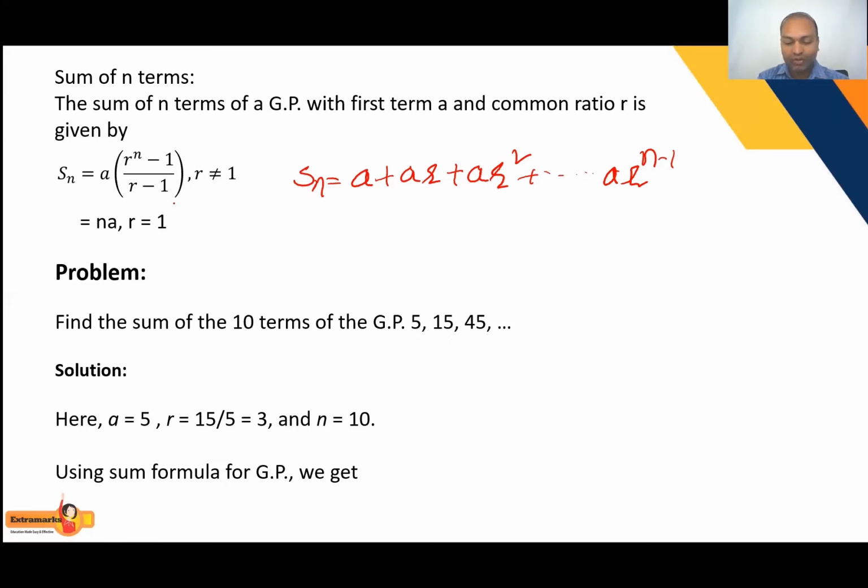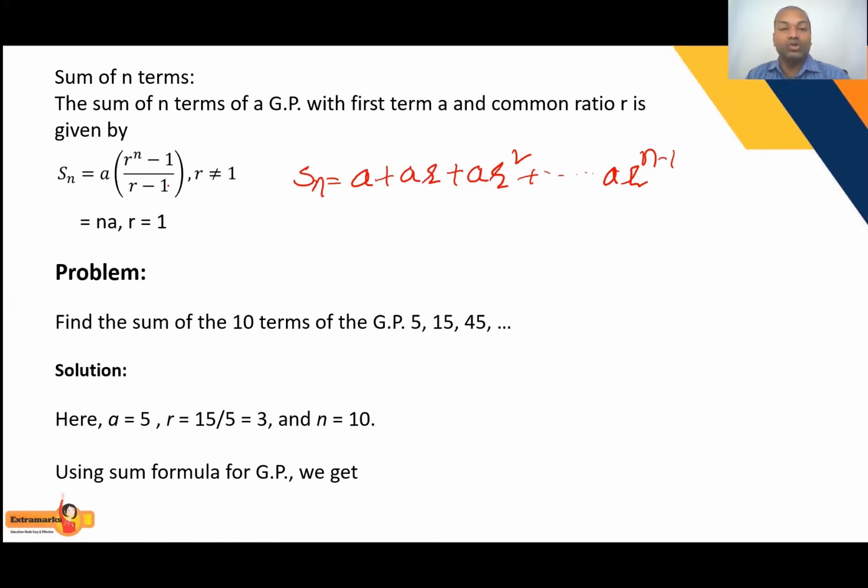If you substitute r is equal to 1, 1 power n minus 1 is 0, by 1 minus 1, 0. It is in the form of 0 by 0, which is not determined, indeterminate. So that is why I am writing r is not equal to 1.